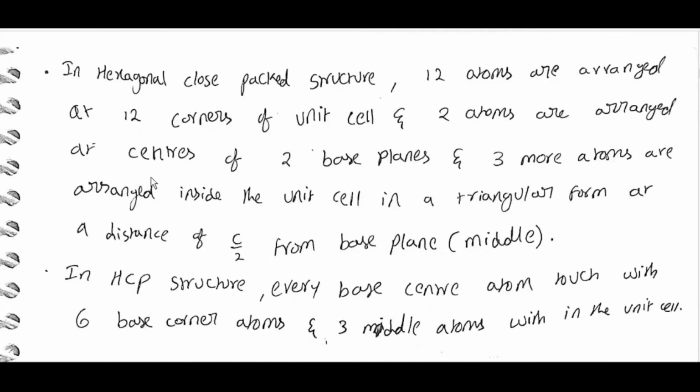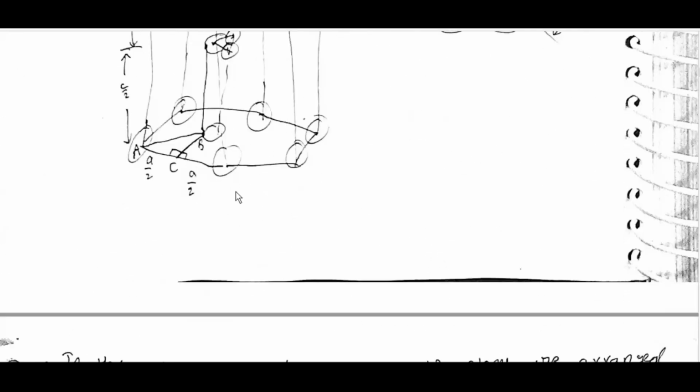In a hexagonal close packed structure, 12 atoms are arranged at 12 corners of the unit cell. Two atoms are arranged at centers of the two base planes, and three more atoms are arranged inside the unit cell in a triangular form at a distance of c/2 from the base plane.